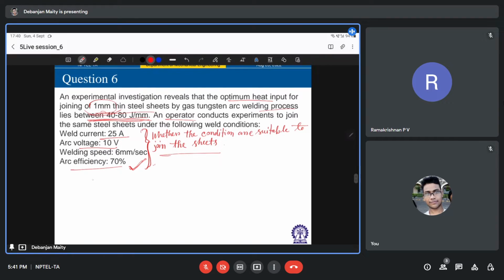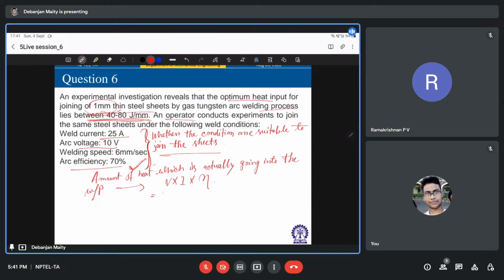So the amount of heat which is actually going into the workpiece is V into I into the efficiency.